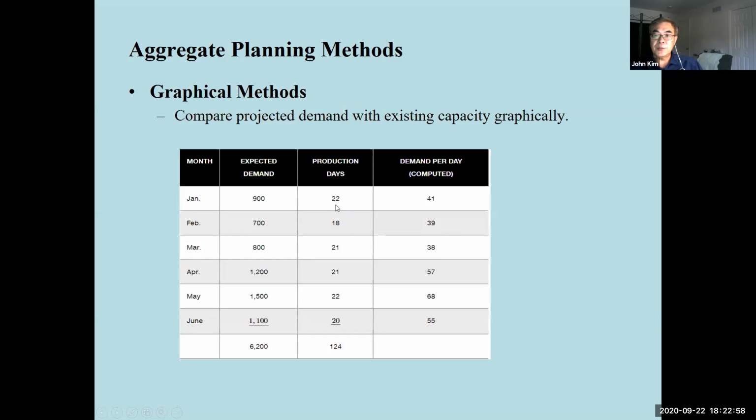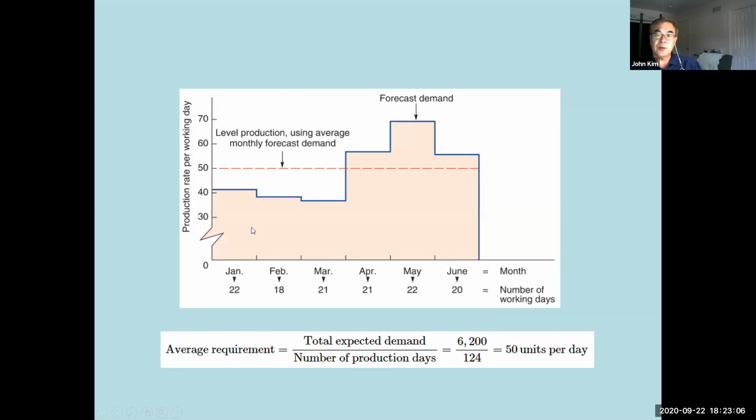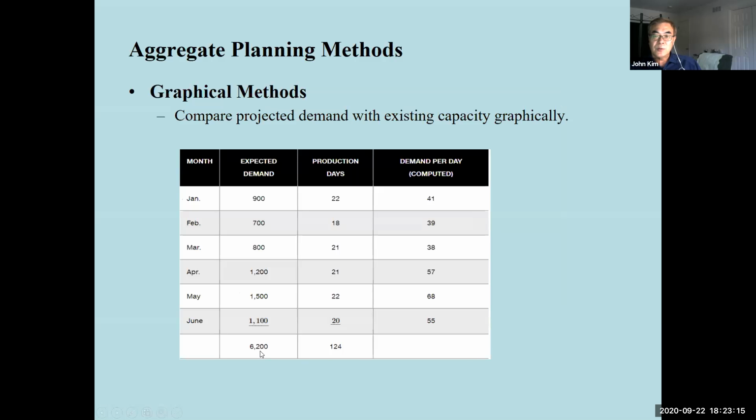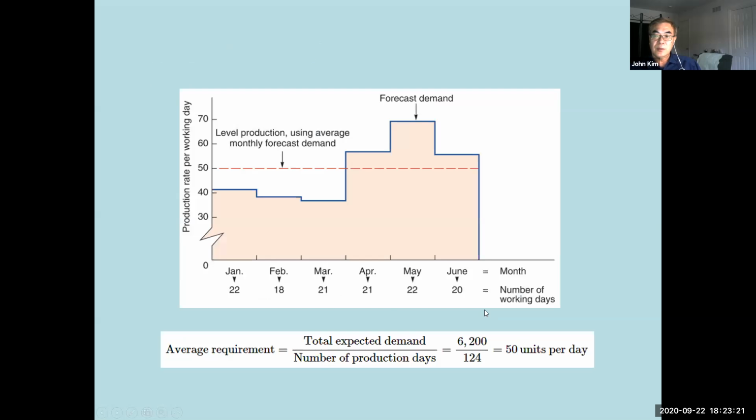Based on this demand per day, we can draw a graph like this. Total demand is 6,200, so add all the aggregate demand. The average demand is 6,200 divided by the number of production days, so 50 units per day.